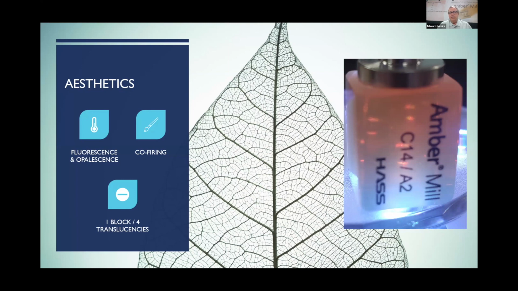The other aspect is the co-firing of this product, which makes it great for chairside and of course for the lab side as well. You can stain and glaze and fire or crystallize all at the same time. So there's a time savings.